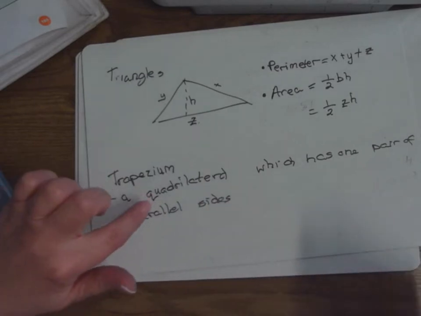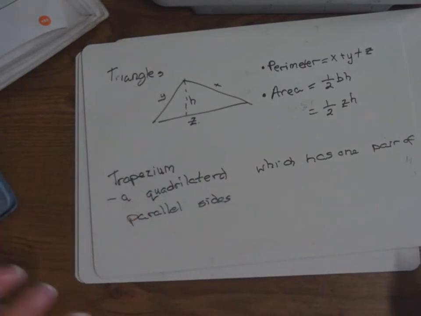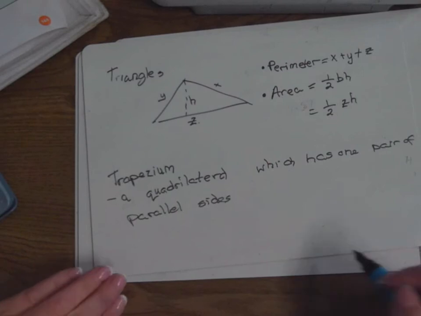Right, so a quadrilateral is a 4-sided shape, right? Okay, one pair of parallel sides.